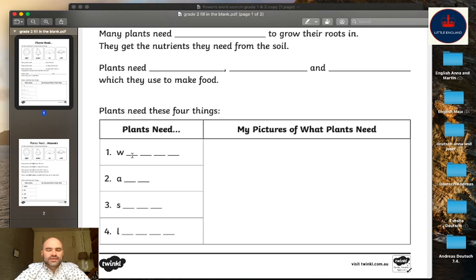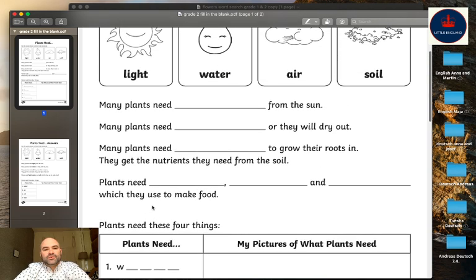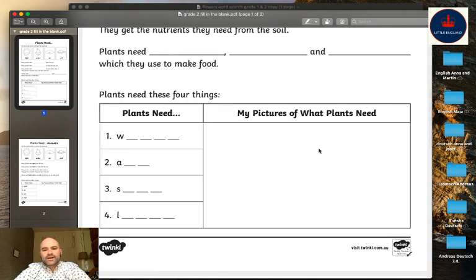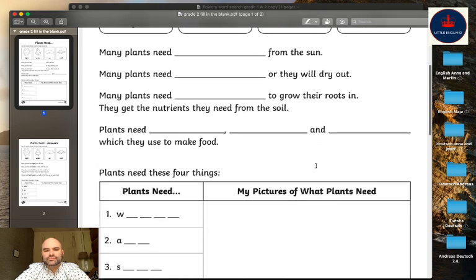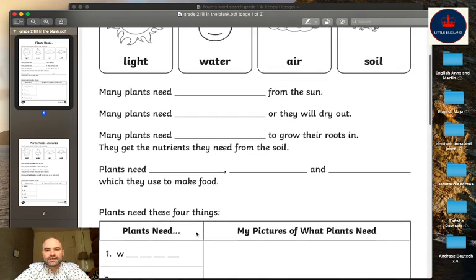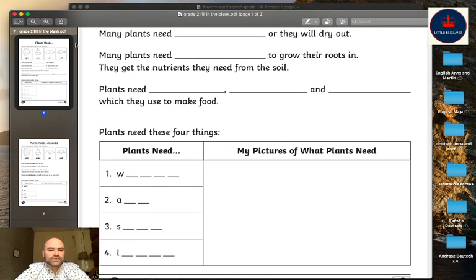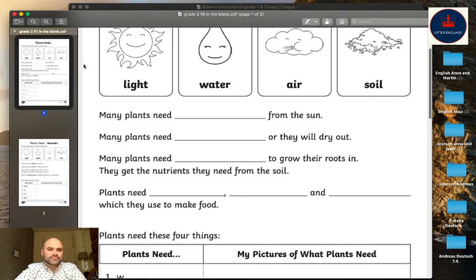You guys can see up here what those answers are. And then I want you to draw a picture of what plants need. Okay, so what do plants need? You need to draw water, air, sun, soil, and light. Okay, can you draw those things that they need?